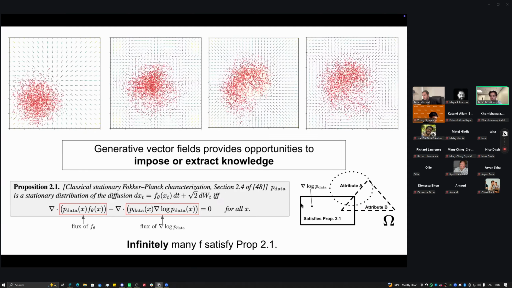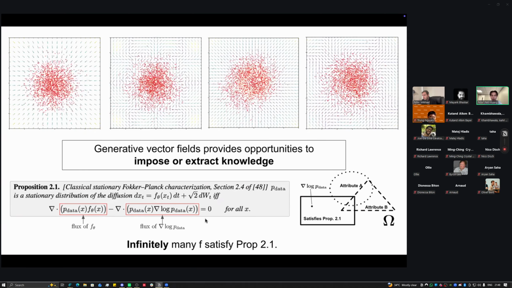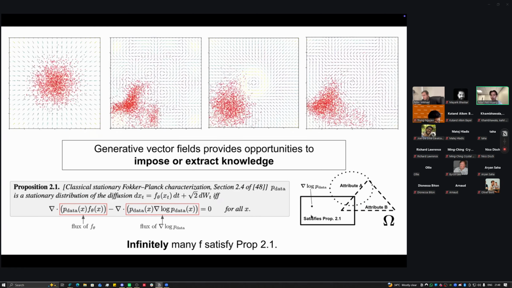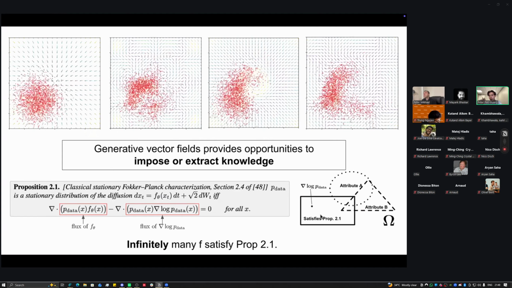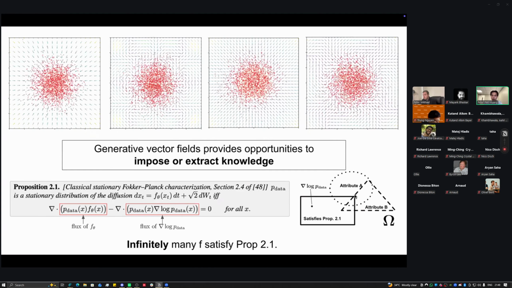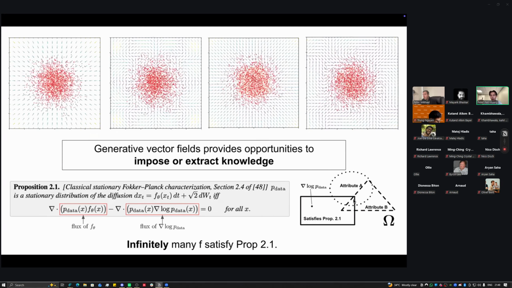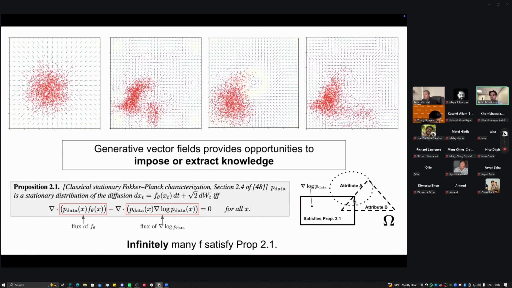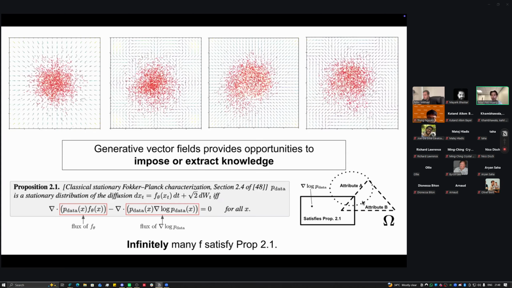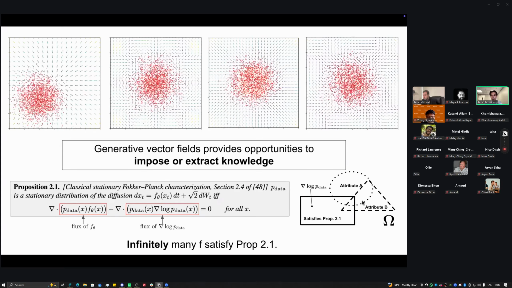Infinitely many vector fields within this rectangle satisfy prop 2.1, meaning there are many, many vector fields that can generate data, and the score function is just a single member of this family. We can now select alternative vector fields with potentially useful or advantageous attributes while still guaranteeing that it samples from our stationary distribution.